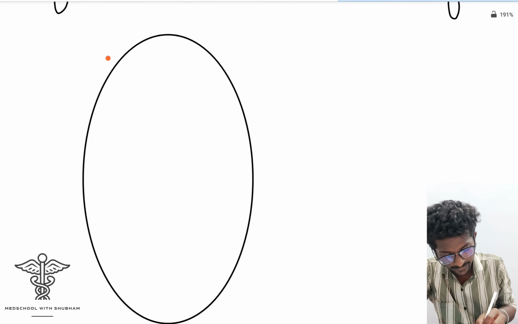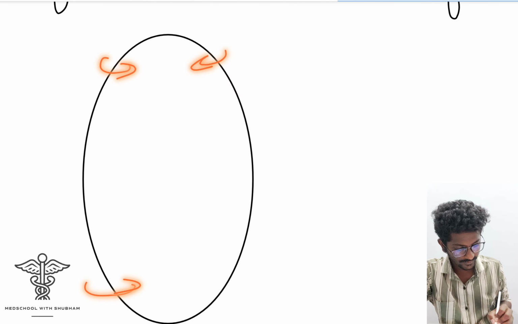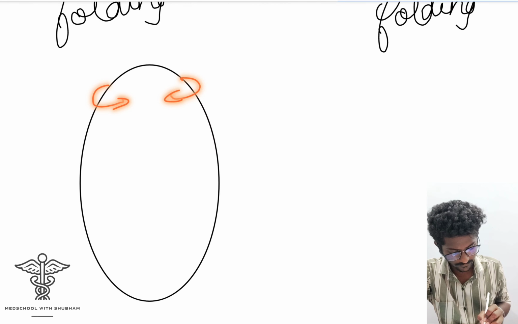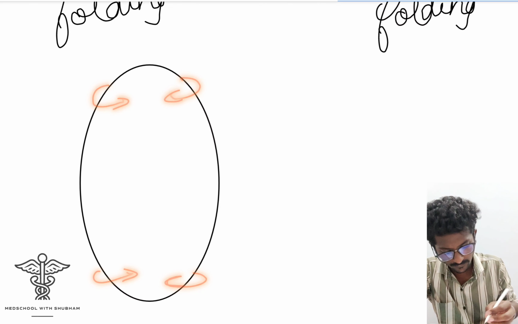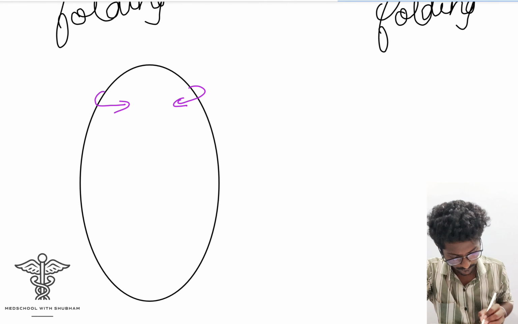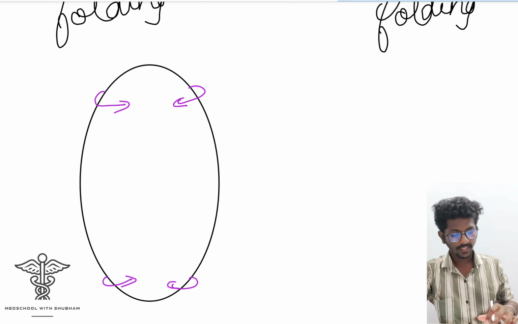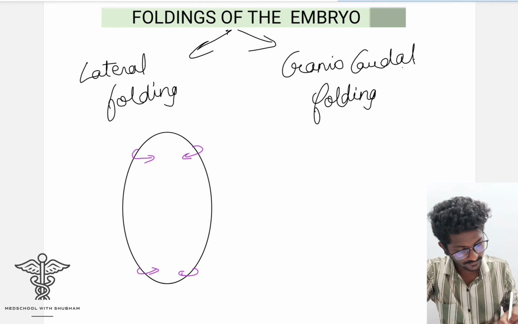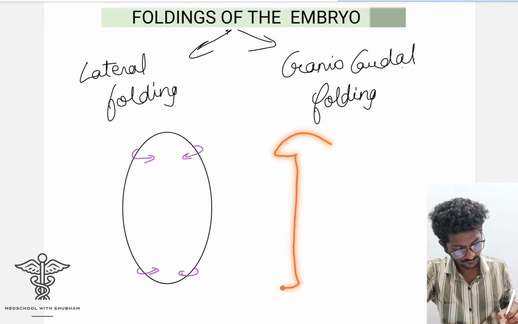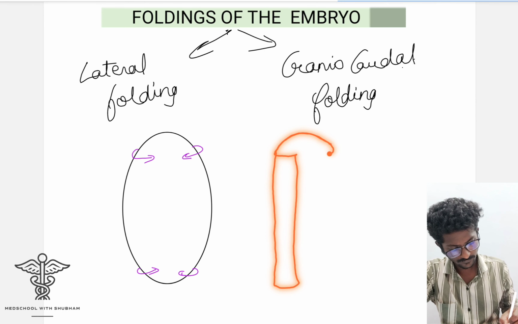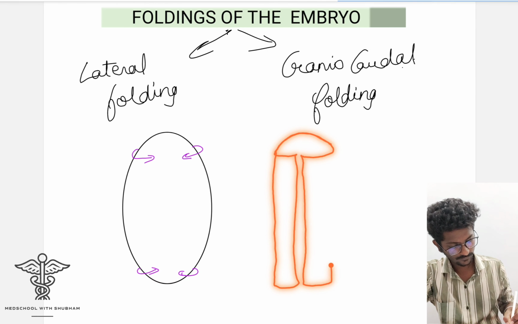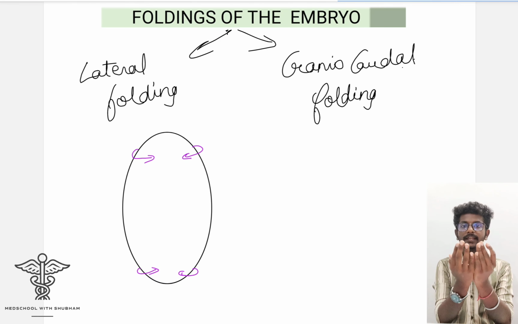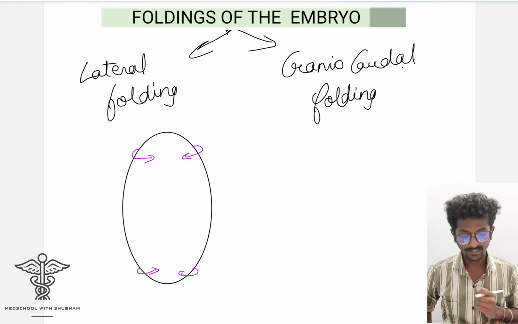So laterally this disc will get folded in this way. We will get a structure which will look something like this. So laterally this embryonic disc will get folded, and this is called the lateral folding.